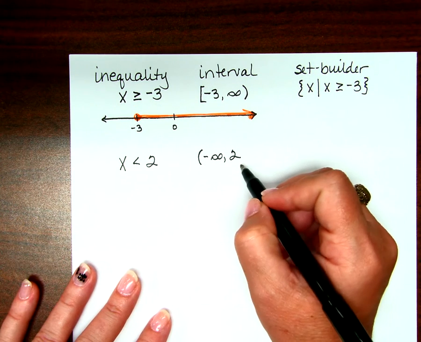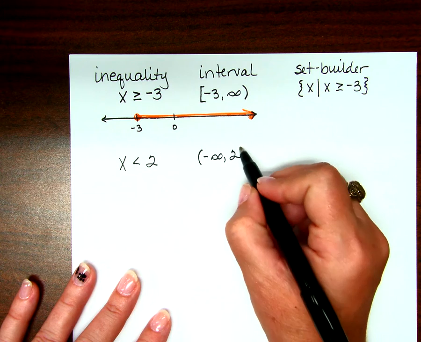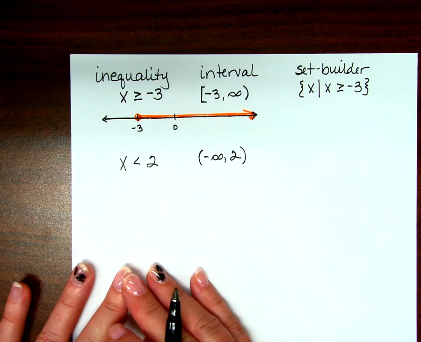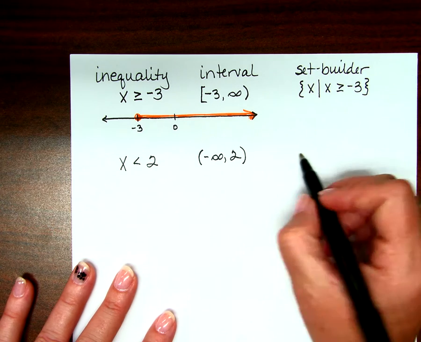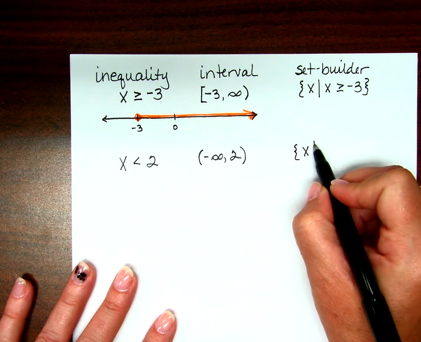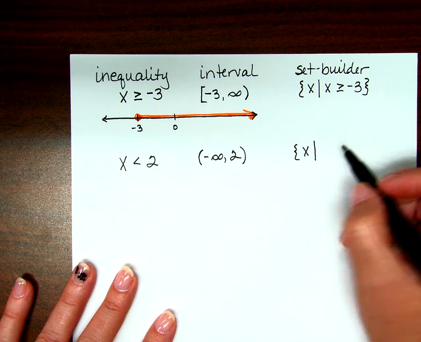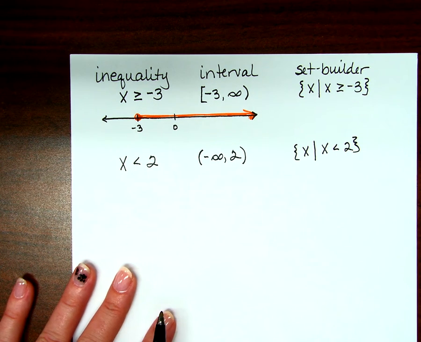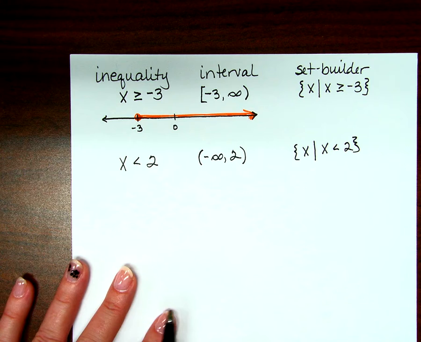Parenthesis or bracket? Parenthesis. What's the set builder notation look like for this? Braces, my vertical line, X is less than 2. Can you tell me what the number line looks like?